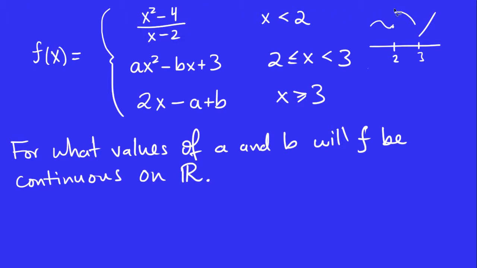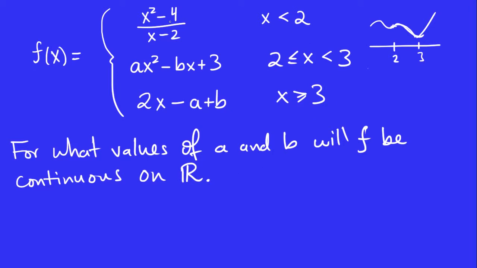Maybe if I choose my numbers a and b really well, I can make it so these graphs perfectly match up. I guess this needs to be a little bit longer, but you get the idea, I hope. What values of a and b are going to make these three pieces all connect nicely together?